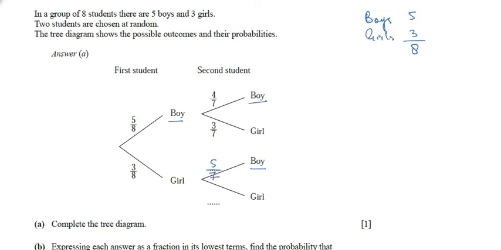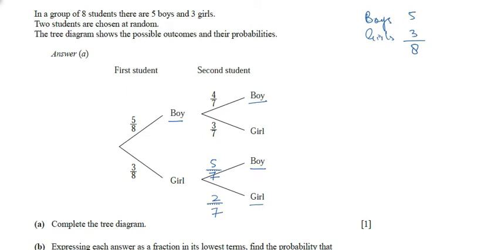So it will be 5 upon 7. Now if the first student is a girl and the second student is again a girl, then we reduce both numerator and denominator. When we select one girl from the group, how many girls are remaining? 2. And how many total students are remaining? 7. Okay, so we have completed the tree diagram.